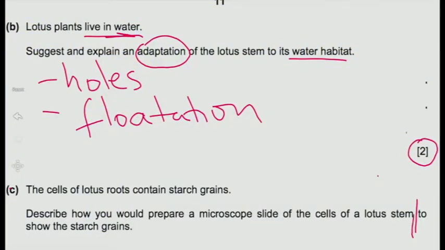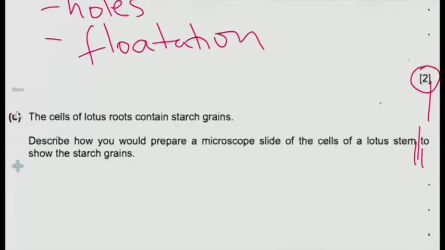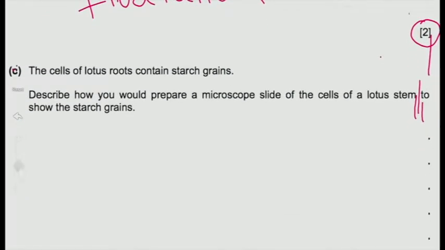Part C, the cells of lotus roots contain starch grains. Let's underline starch. Describe how we'll prepare a microscope slide of cells of a lotus stem to show starch grains.